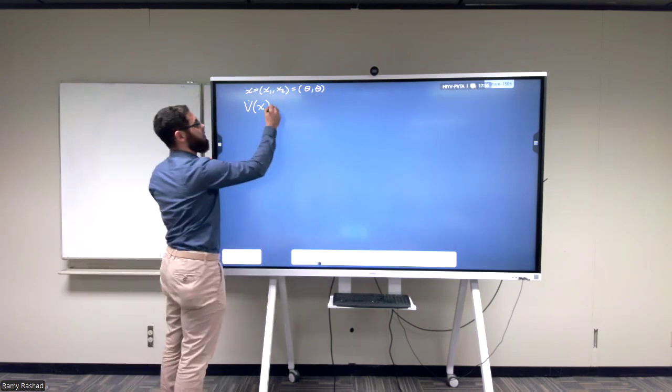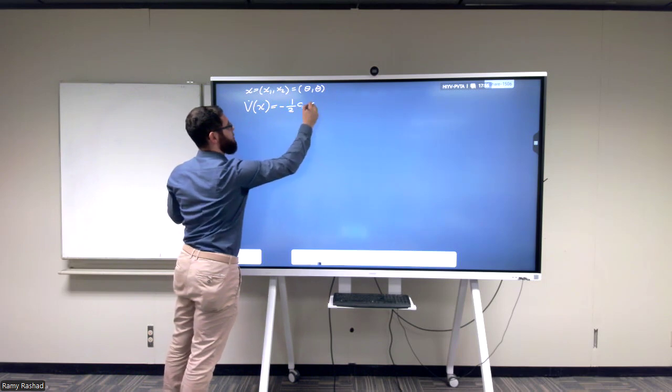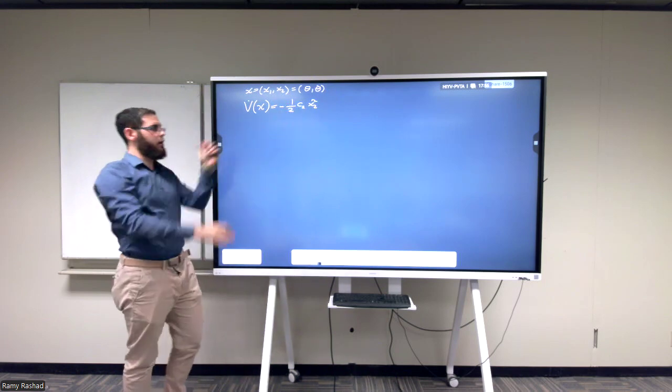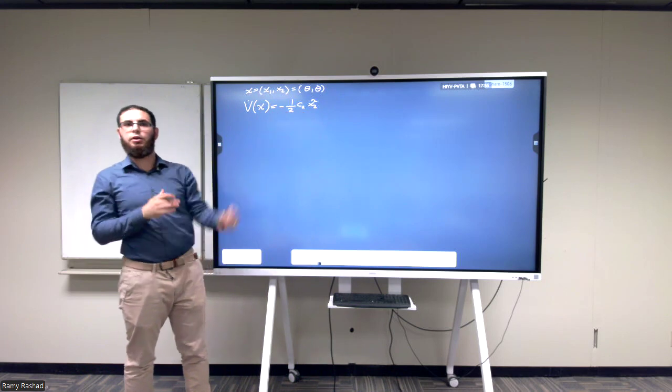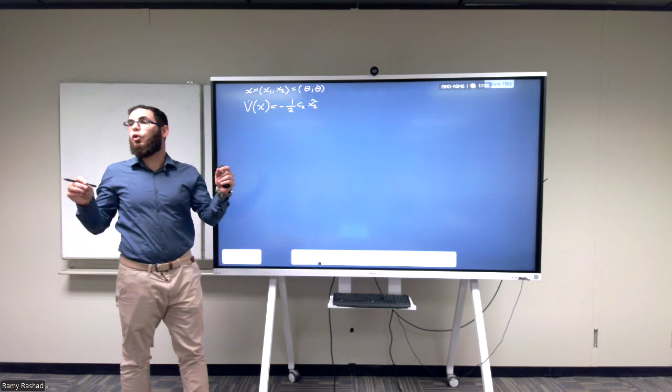We calculated V dot to be equal to minus half c2 x2 squared. In the last lecture, we showed c2 to be 1. If you put them symbolically, you're going to get it written as a quadratic form.